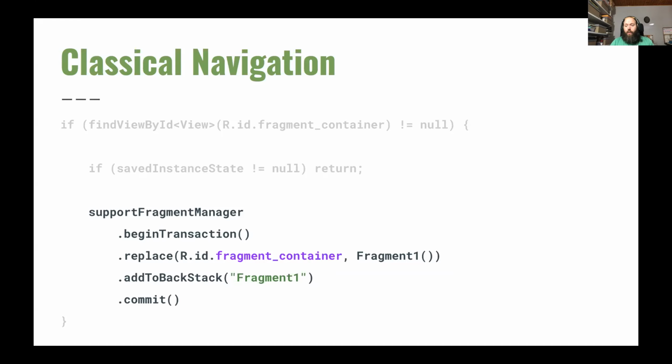And in this navigation, we don't have any idea how it's connected. We must know how each fragment is connected, but the IDs don't tell us anything. If we have already something in the backstack, we have to do a lot of code just to understand where we are in our navigation.